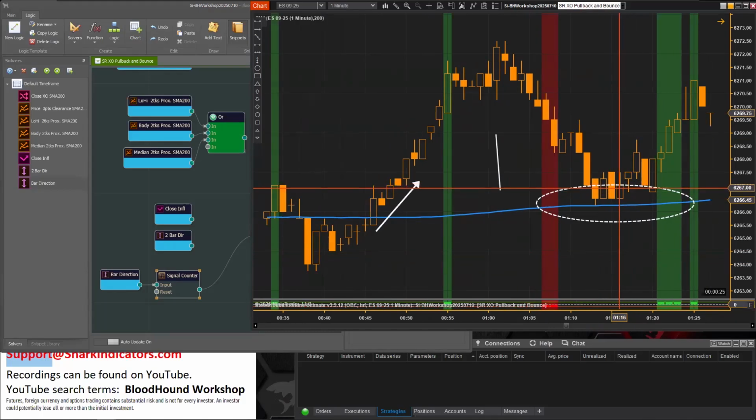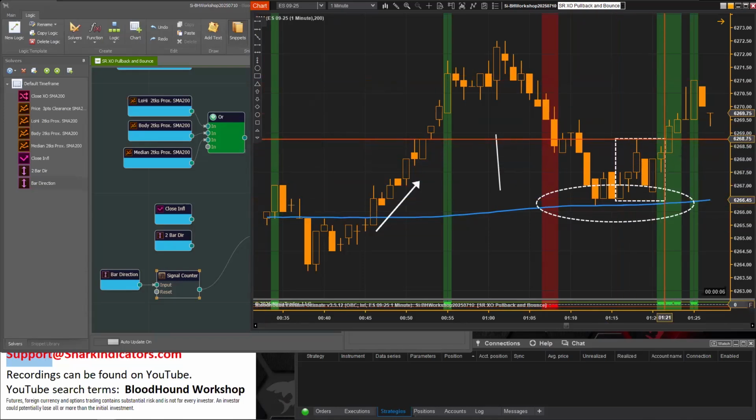So there's bar number 1, bar number 2, bar number 3, bar number 4, bar number 5. So here are our 5 up bars, and it allows 1 down bar in the middle there.